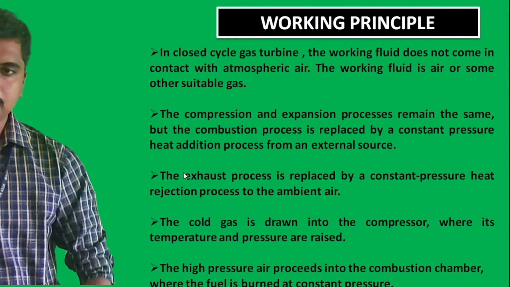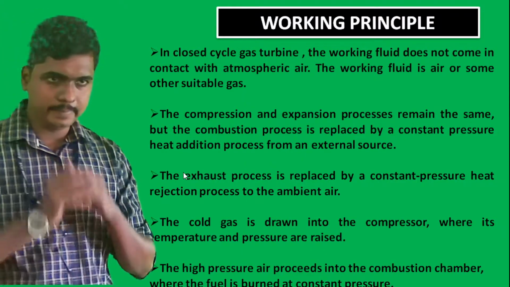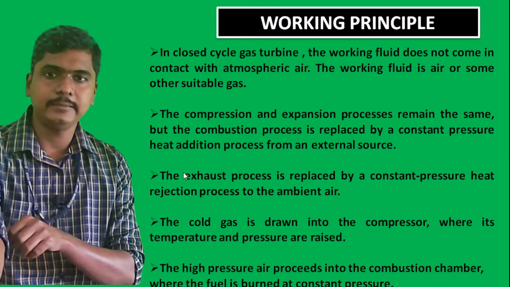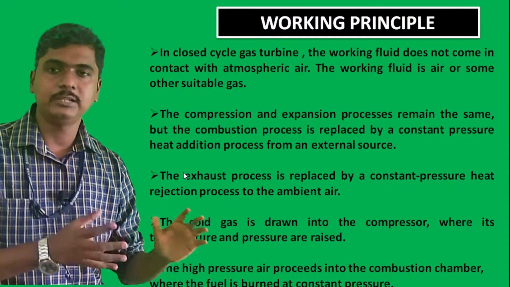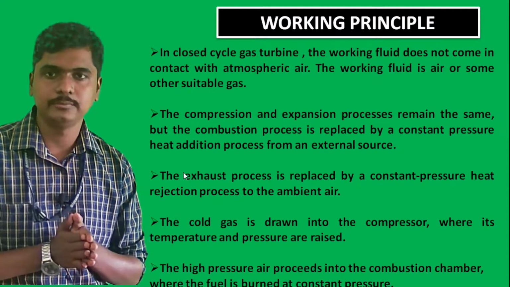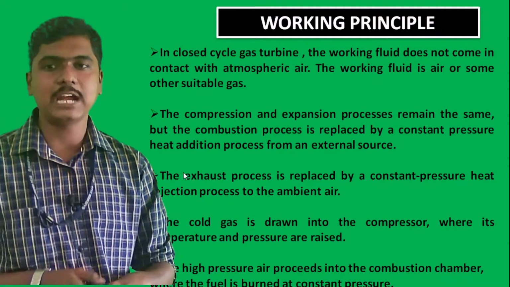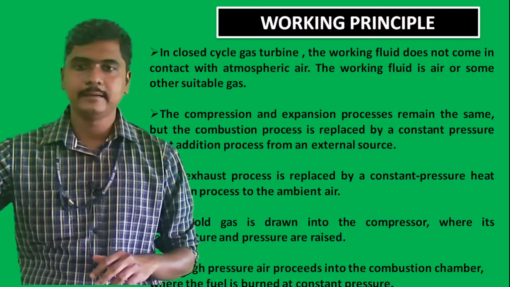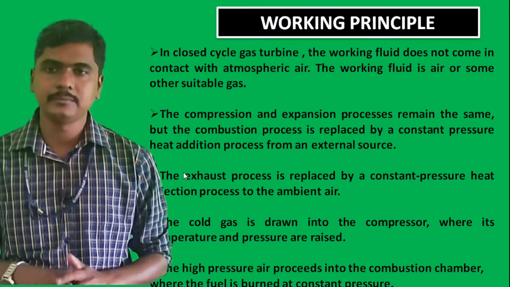Now coming to the working principle of the closed cycle gas turbine. Whatever working fluid we use will not come in contact with atmospheric air, because we are not going to draw air directly from the atmosphere.